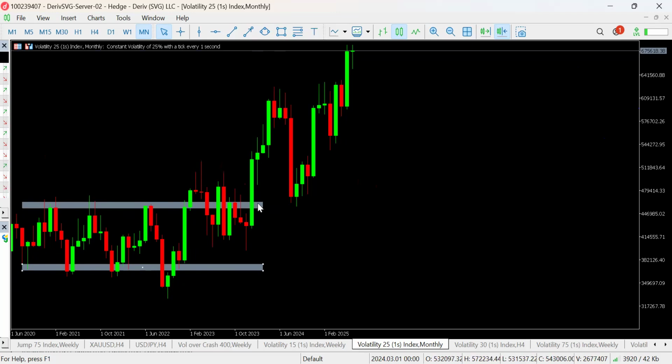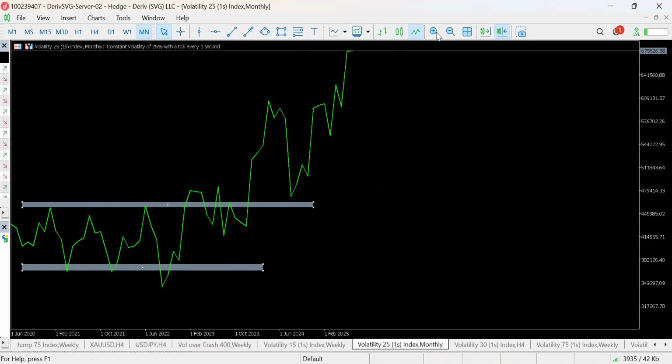broke out of this zone and scaled upwards. So it finally formed a higher high, then came back to form a higher low. Did a double top here, but the activities of sellers weren't enough to push it downwards in order to obey the rule of trading a double top.